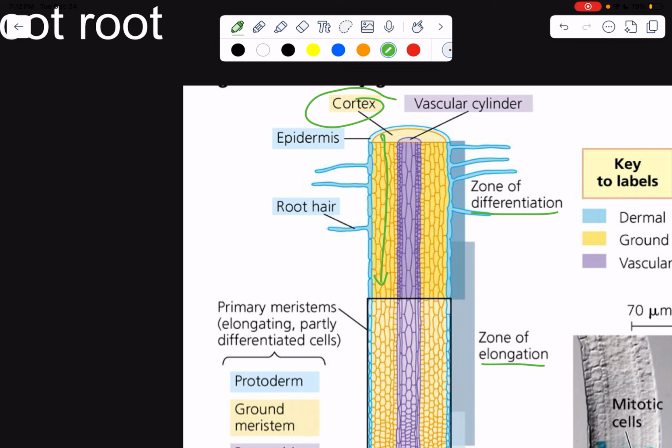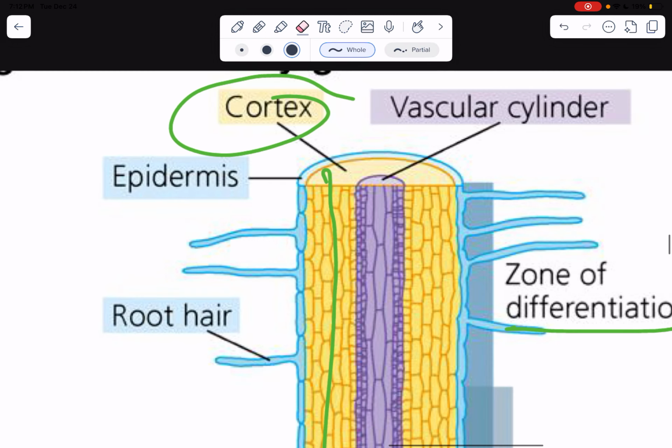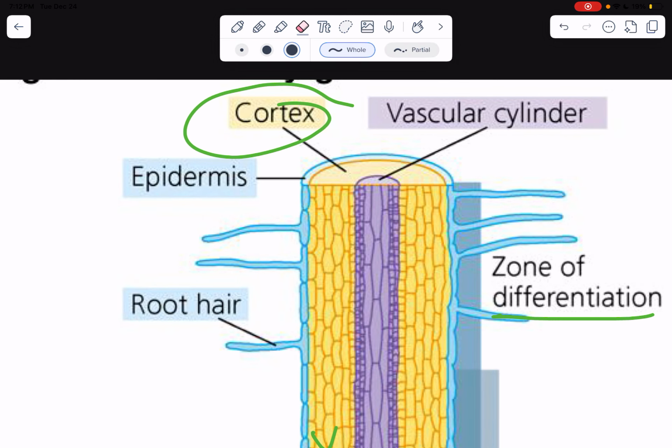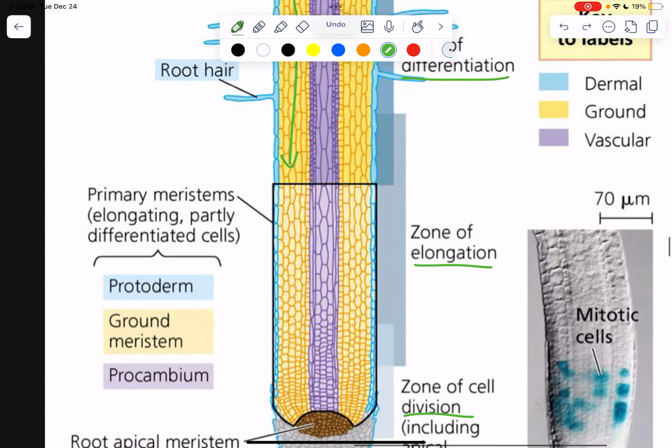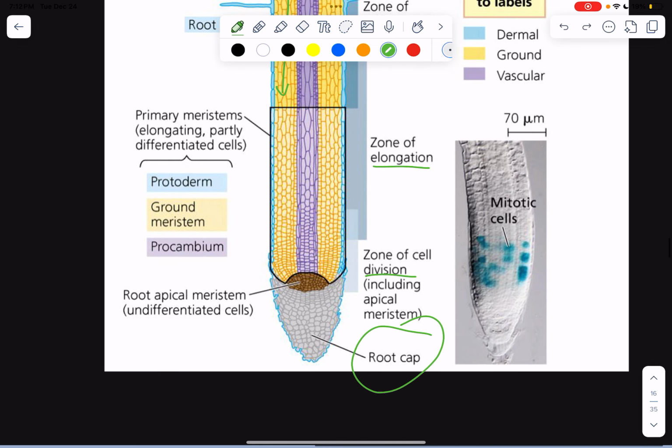And the innermost layer of the cortex is called the endodermis. So around here, I would say, would be the endodermis. And it's a cylinder 1 cell thick that forms the boundary with the vascular cylinder.